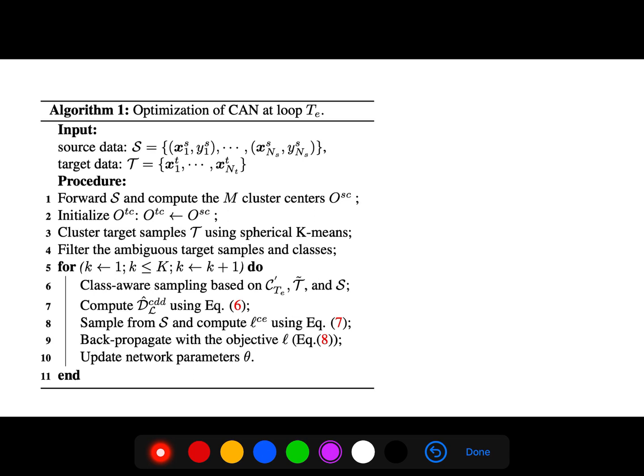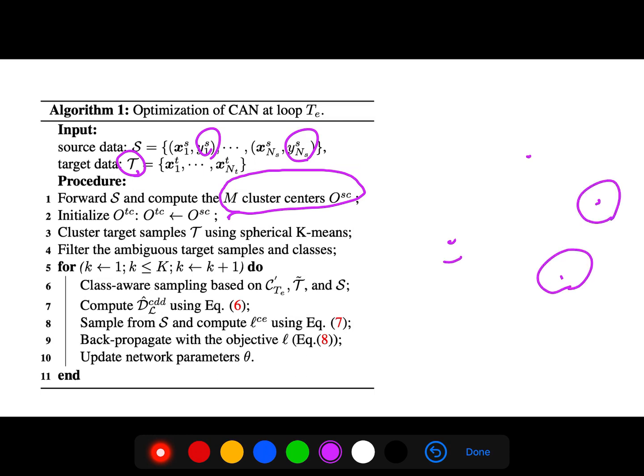So this is the algorithm for optimization of CAN at loop T sub E. We have source data, we have target data, but target data, you see, doesn't have a label because these Y's are labeled for source only. So we forward S and compute M cluster centers. So imagine we have, for example, 4 cluster centers.